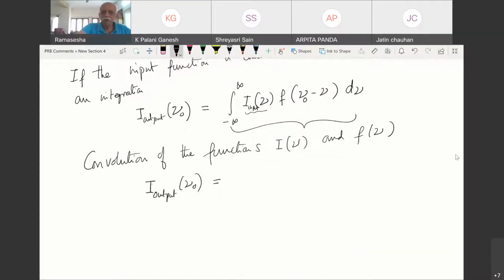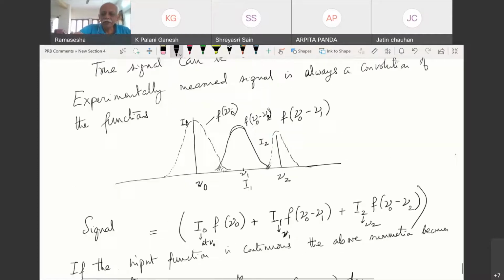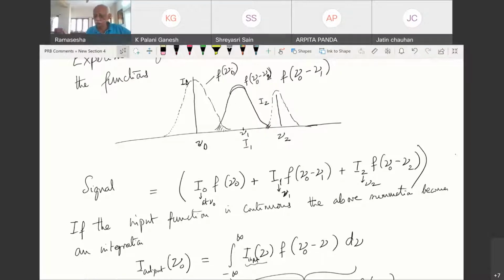The reason is because I'm integrating over f of nu, right? So because I'm integrating over it, what I have done is I've shifted the origin of f of nu to the right, and then overlapped that shifted function to the left, and when you overlap to the left, it has to be nu naught minus nu, because when nu1 is greater than nu naught, then nu naught minus nu1 is negative, which means the function overlaps.